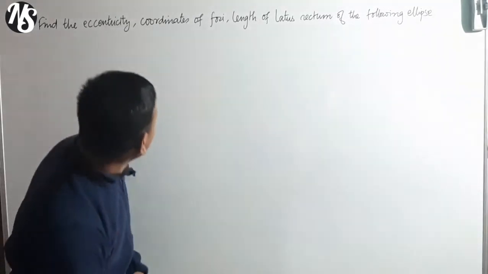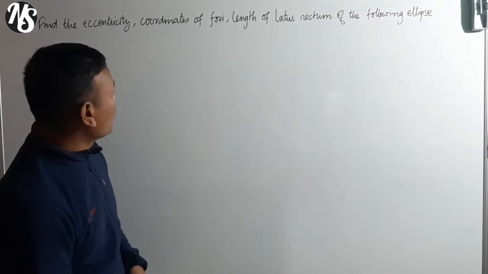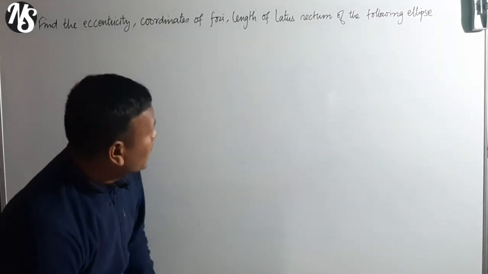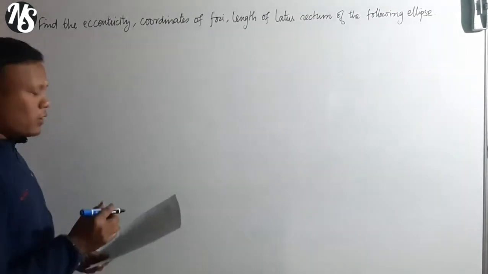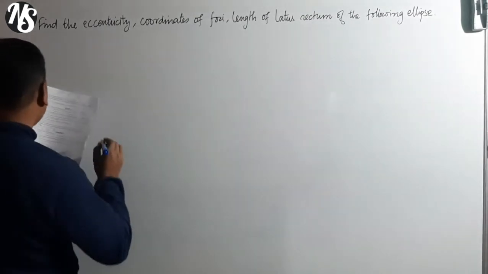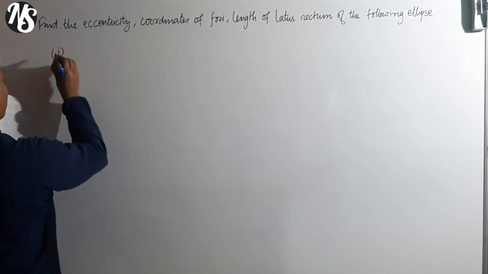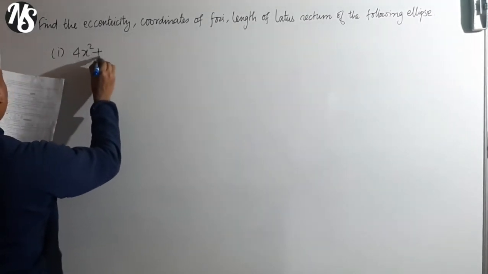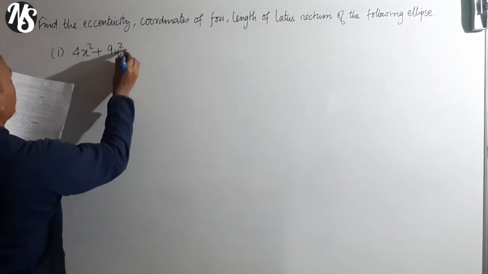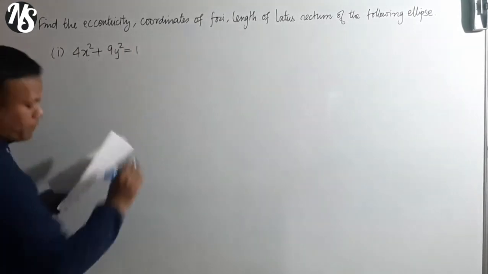The question says, find the eccentricity, coordinates of foci and length of latus rectum of the following ellipse. So I'll now give you the ellipse. The first one is 4x square plus 9y square equal to 1.